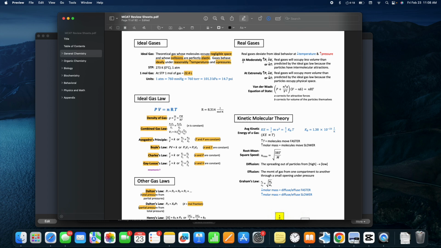Then we have real gases. These gases deviate from ideal behavior at low temperature and high pressure.